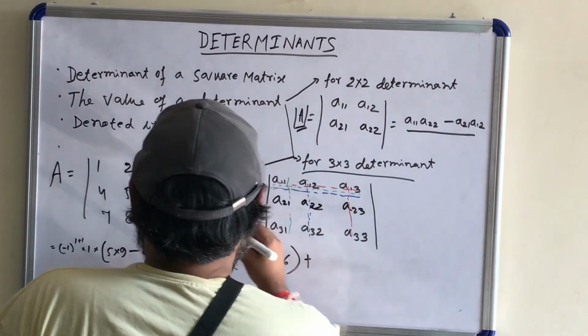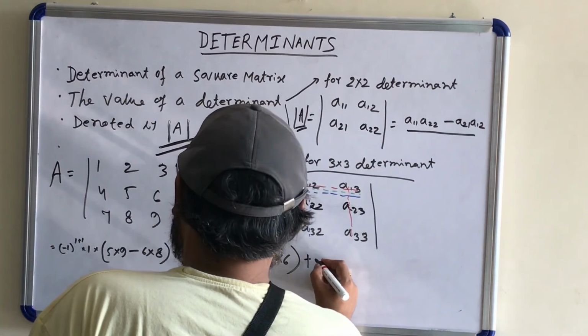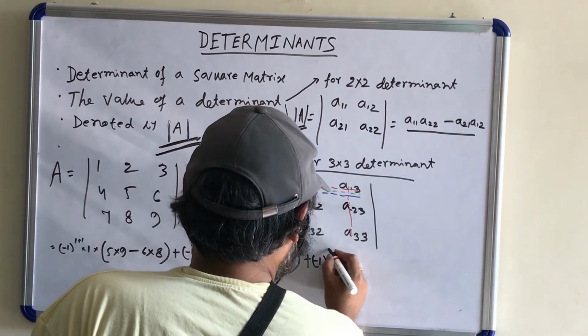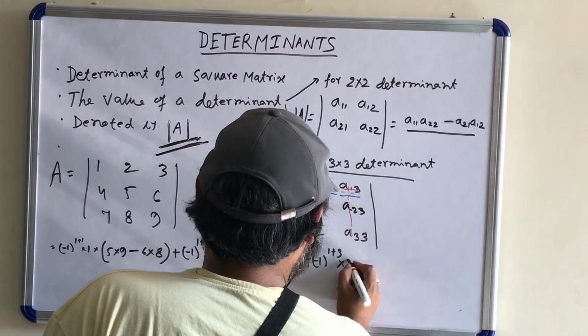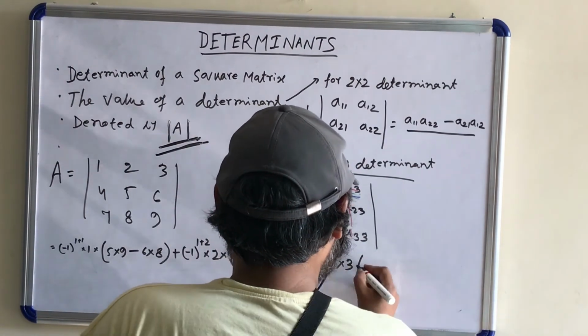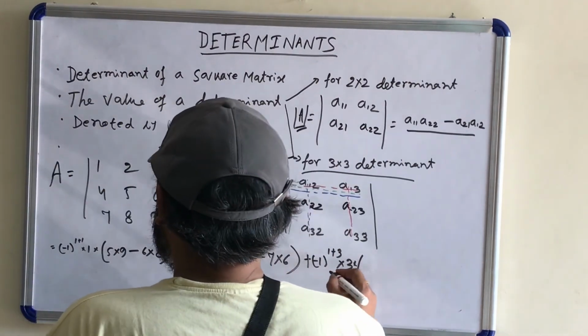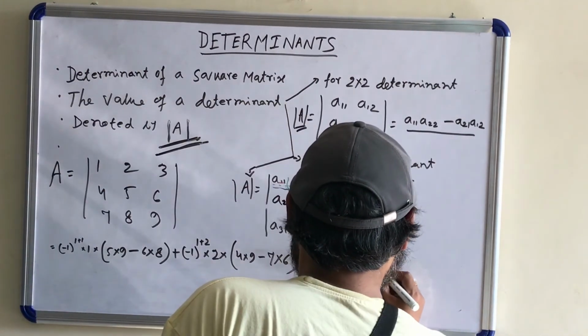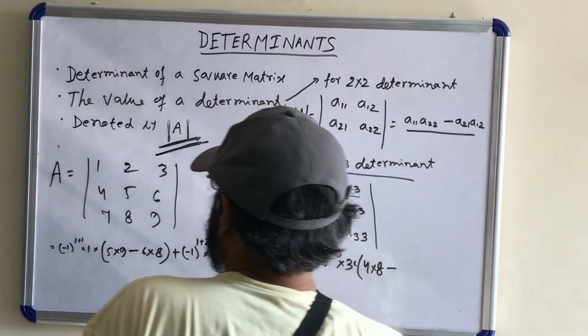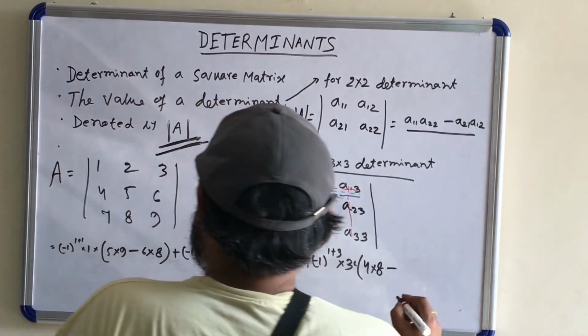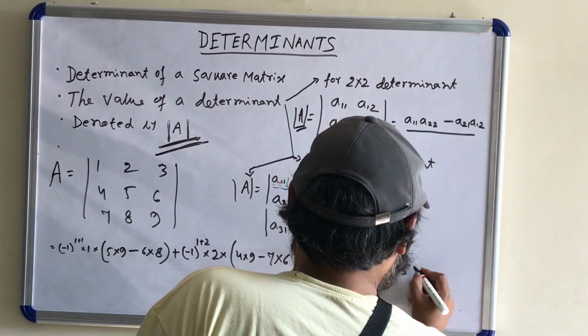What would be the third? That is minus 1 whole to the power 1 plus 3 into 3 into 4 into 8 minus 5 into 7.